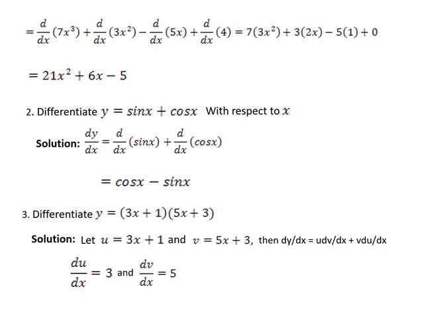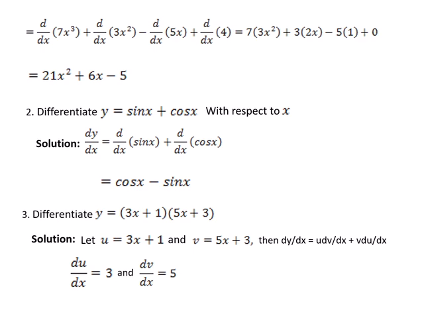Look at it, we have: differentiate y equal to (3x plus 1) into (5x plus 3). So here we want to represent the first bracket as u and the other one as v. Where we have 3x plus 1, we represent that as u, and where we have 5x plus 3, we represent it as v.